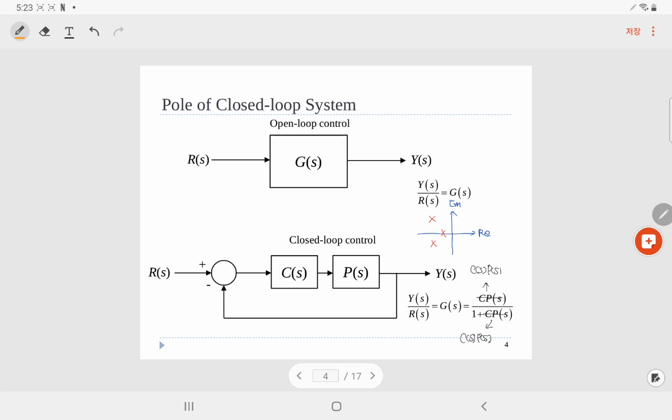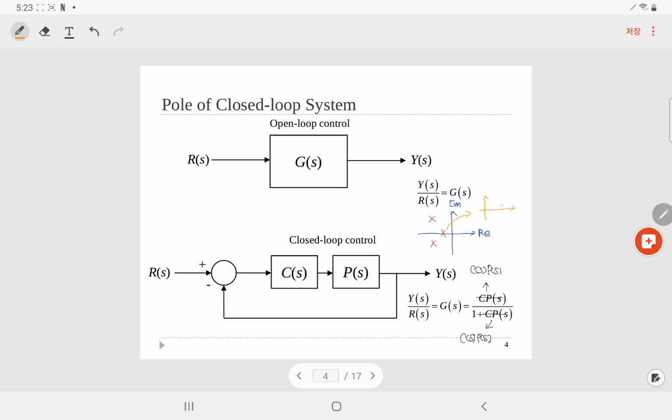Specifically, this pole yields the response decaying to zero exponentially. This pole yields a response like this.